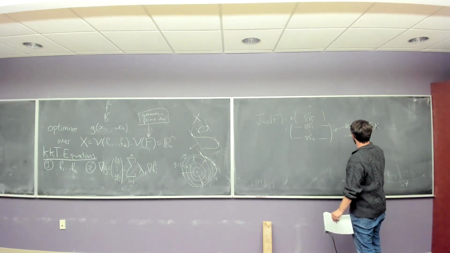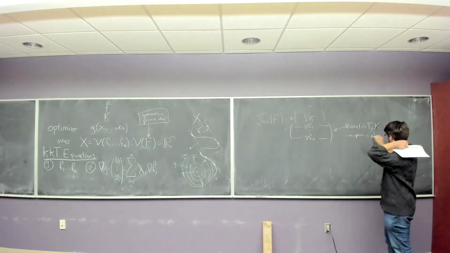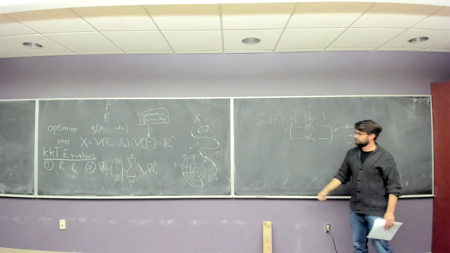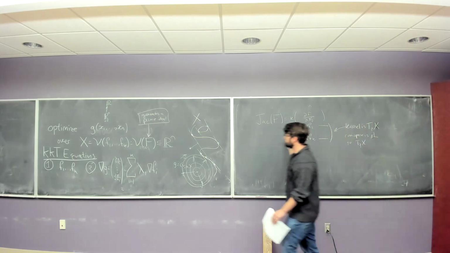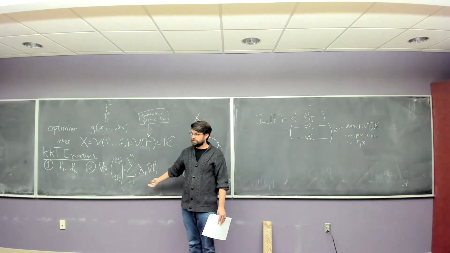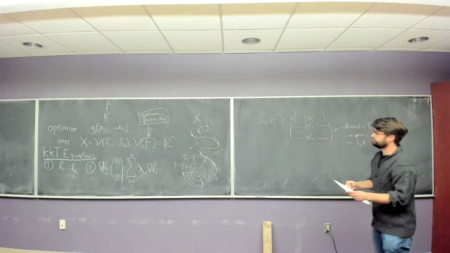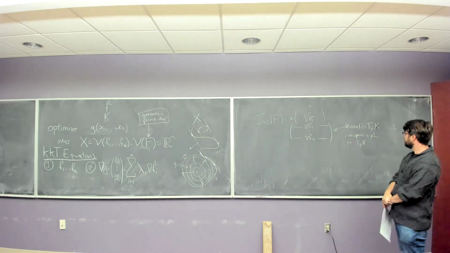The row space is perpendicular to the tangent space. So I want to ask that the gradient of g is in the row space of this. In other words, it's a linear combination of the rows. Okay.